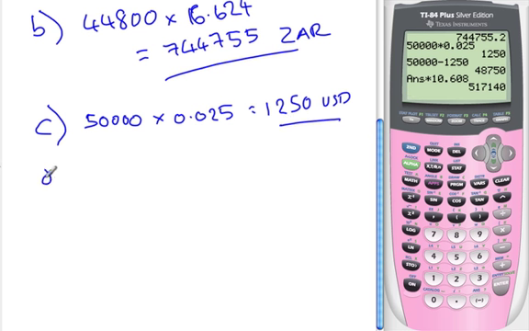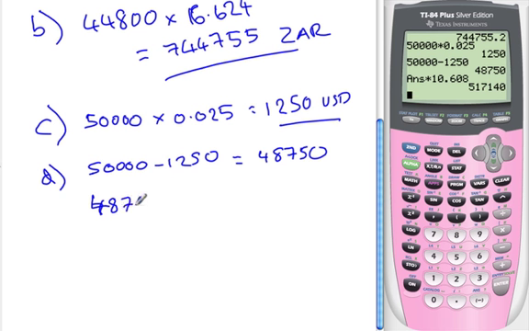That's part C. And then part D, we basically did our 50,000 take away our commission gives us 48,750, and then we got our $48,750 and converted that to Rand by timesing it by 10.608.